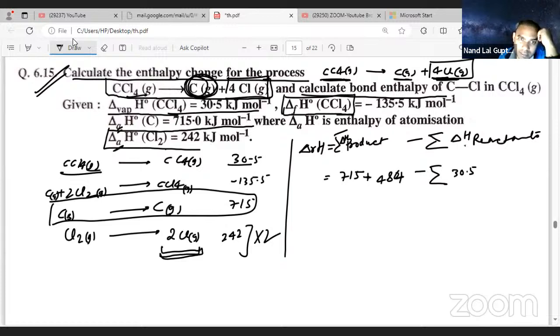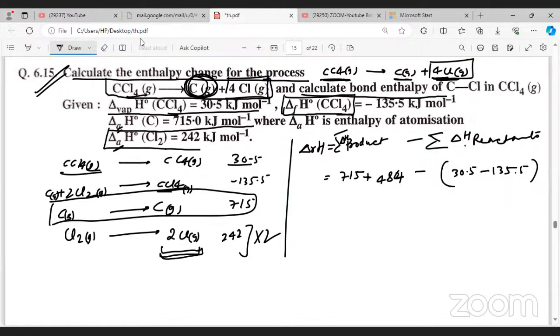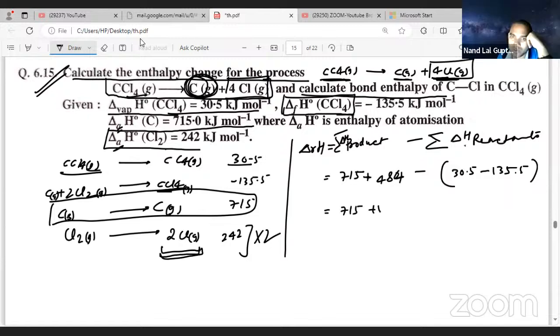Another term is CCl4 from gaseous state, 135.5. I am removing the summation sign, it is not required. So it is 715 plus 484 minus 30.5 plus 135.5. The enthalpy of atomization is on the product side.